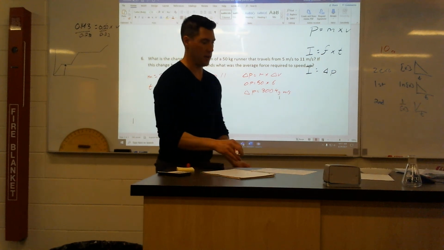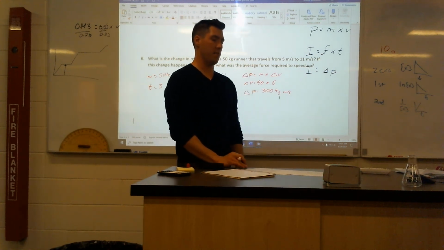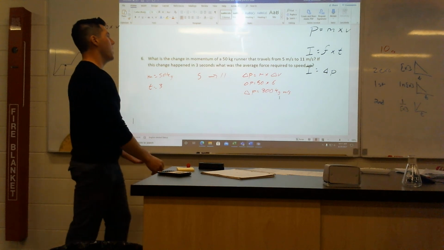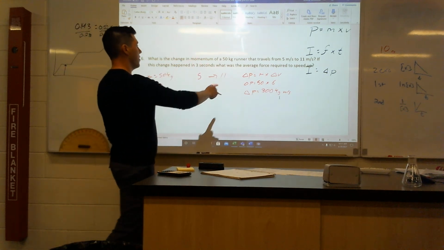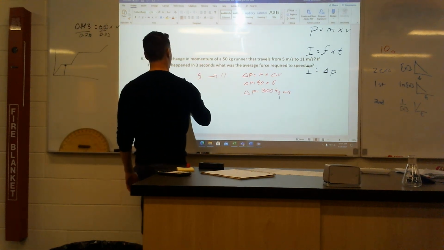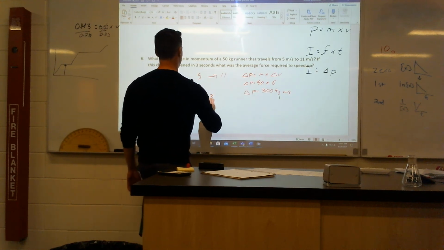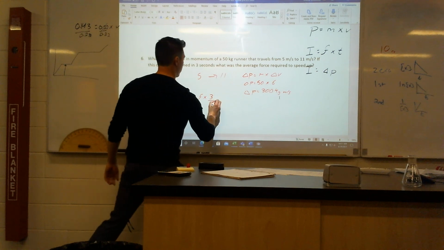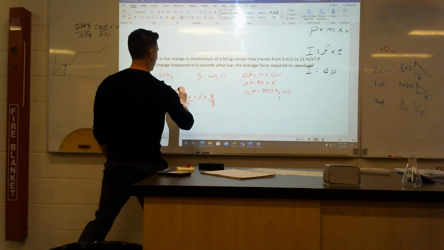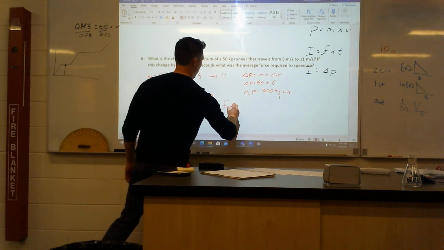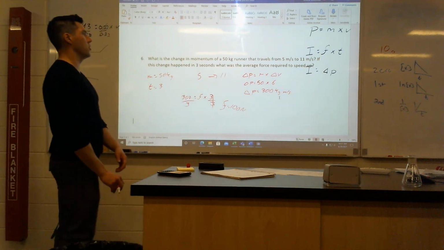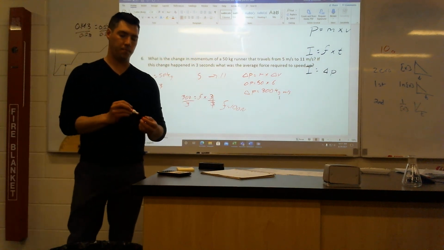Just making sure I got that right. I'm 99% sure I did. Cool. Then to get my actual force, that change in momentum is my impulse. So 300 equals force multiplied by 3, that's how much time I have. Divide by 3, force equals 100 newtons. That's how much force they were using to speed up.